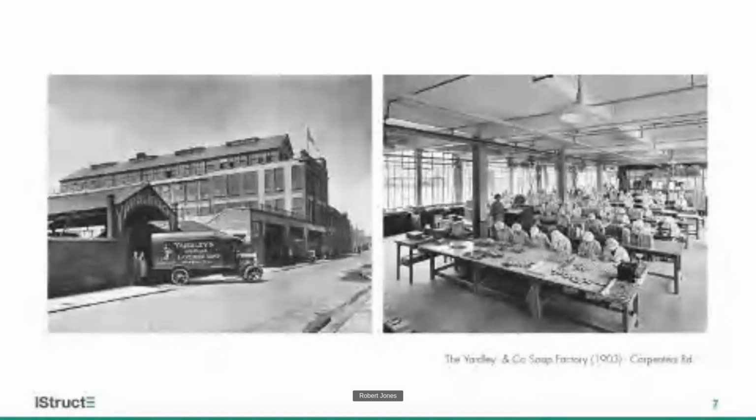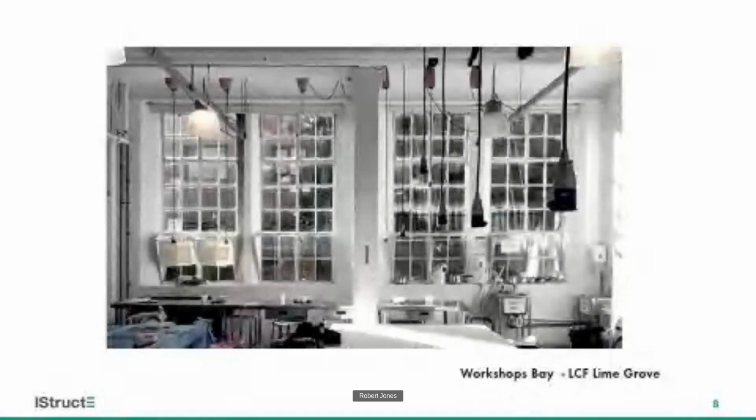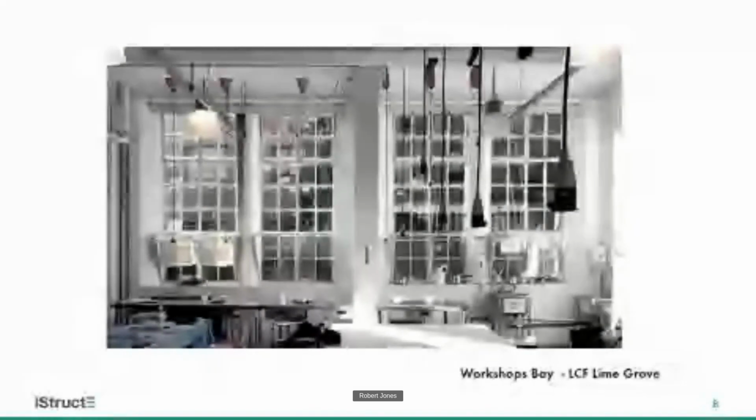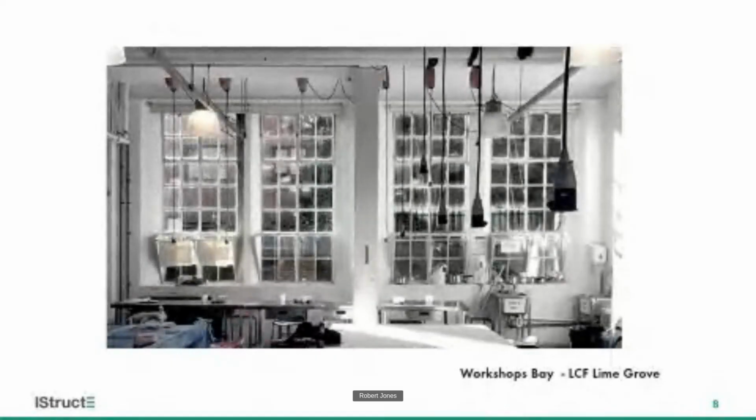They also took inspiration from the previous LCF locations. This one in Lime Grove had a workshop feel, where it was very functional, with a regular grid of columns along the facade, steel frame windows, lots of exposed structure and exposed services. They really loved that and wanted to bring a modernized version of that into the new building.